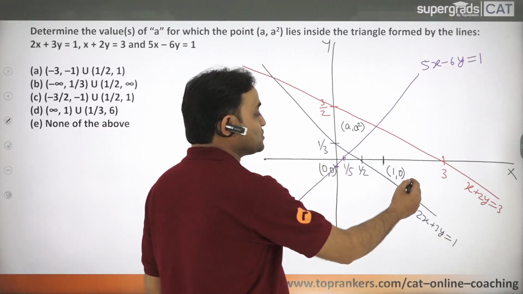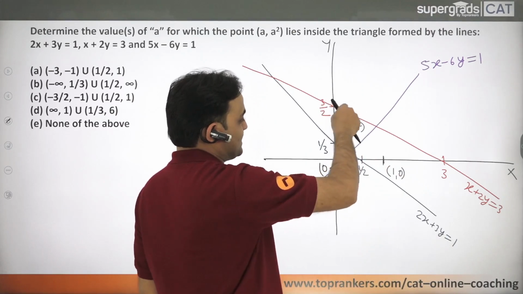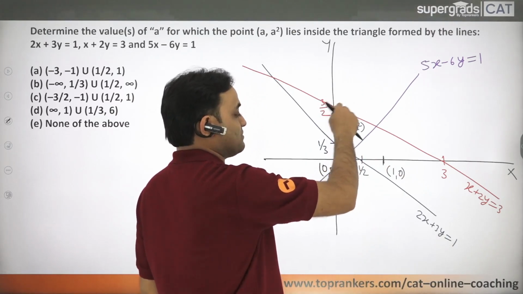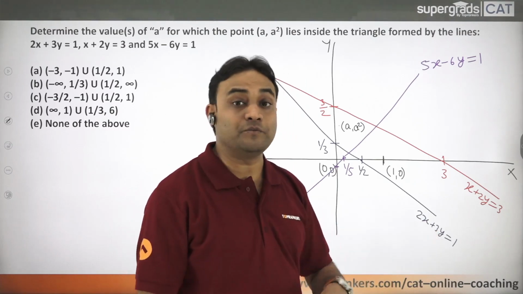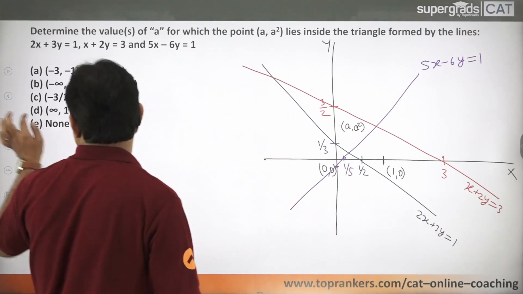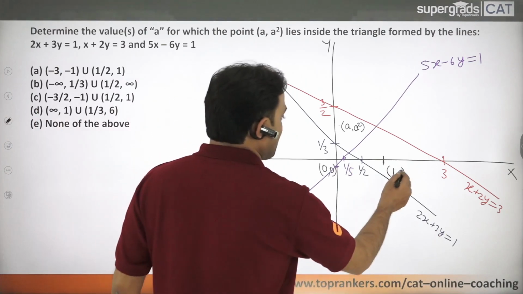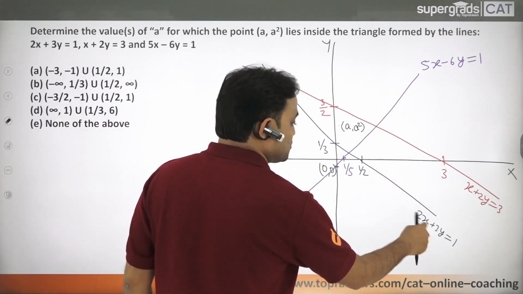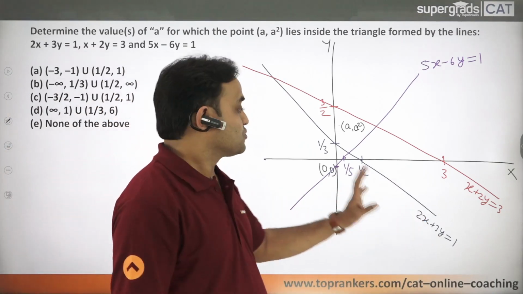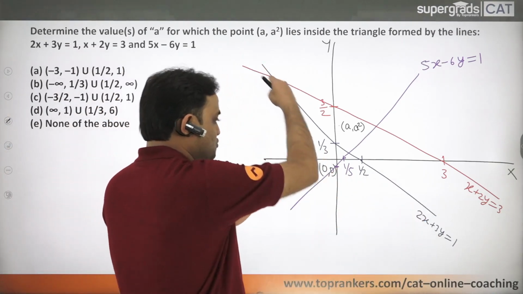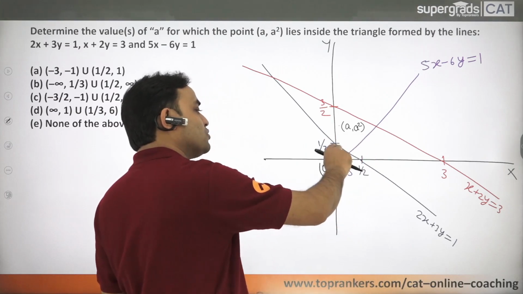Similarly, I can take 2, 0, or let's say 1, 1. In all the cases, the value of 2x plus 3y will be greater than 1. So can we say if I put a, a square in 2x plus 3y, it must be greater than 1. Okay, so you can remember this: the slope of this line is more than 90 degrees.